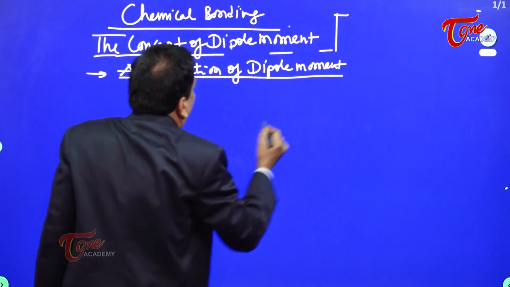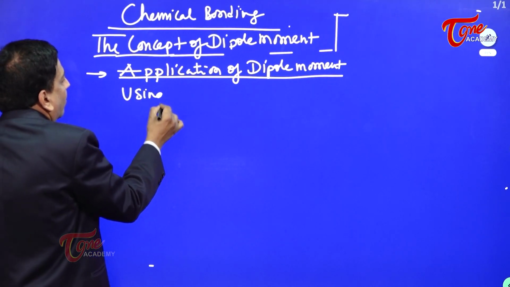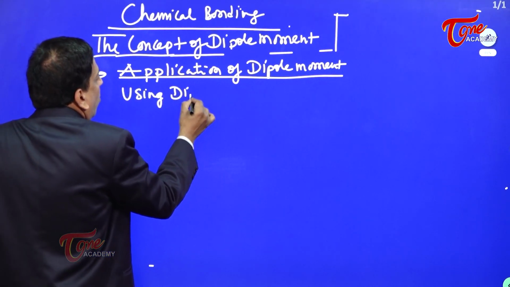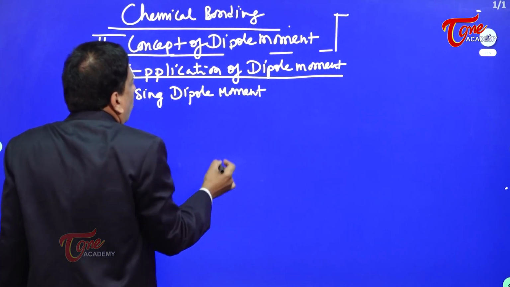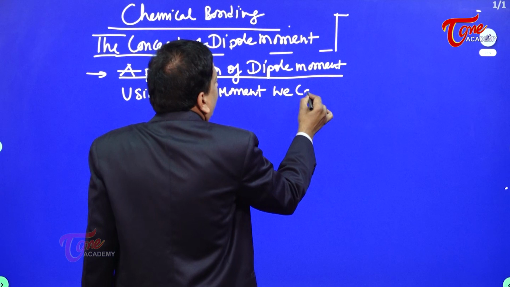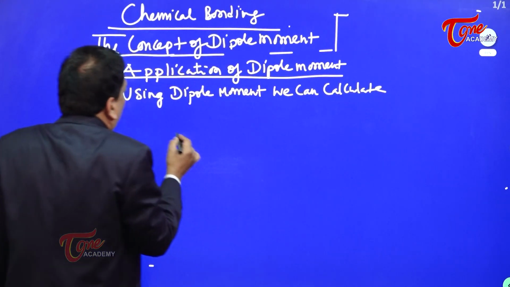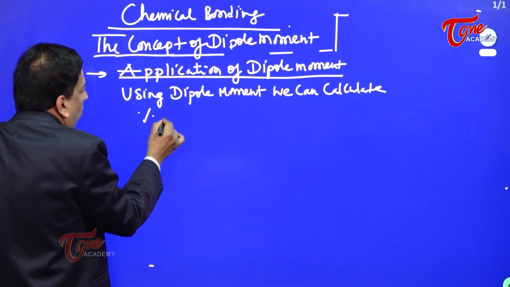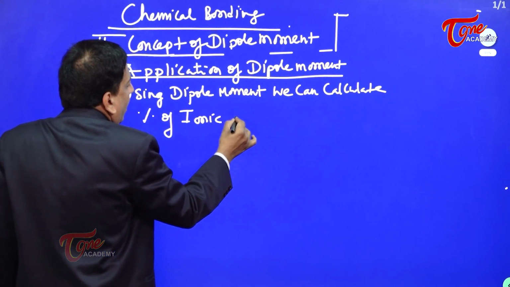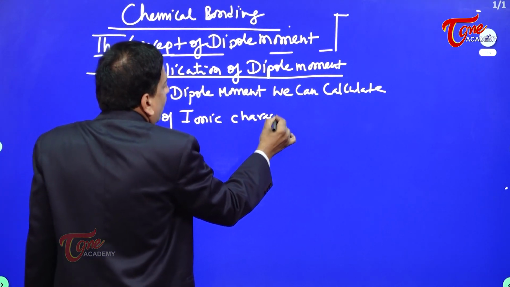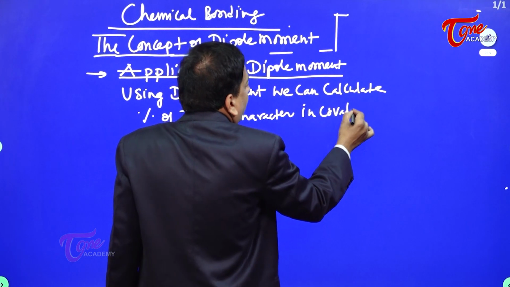And remember, using dipole moment, we can calculate the percentage of ionic character in a covalent bond.